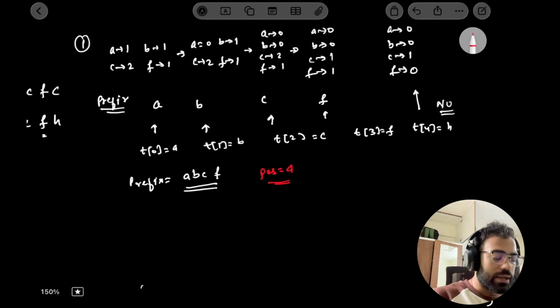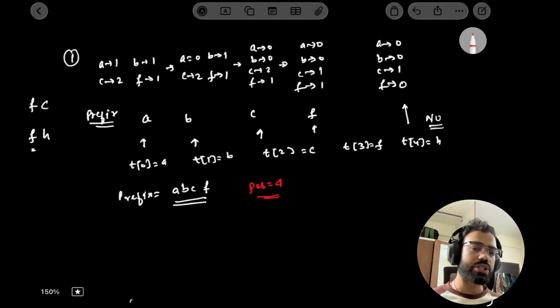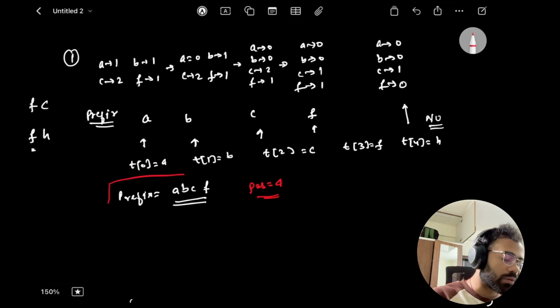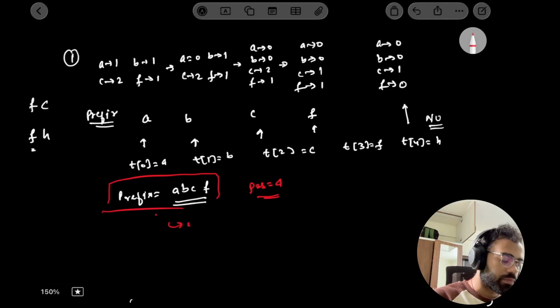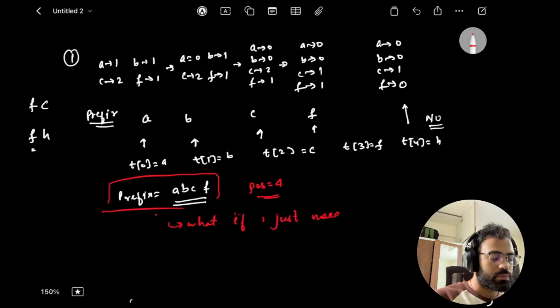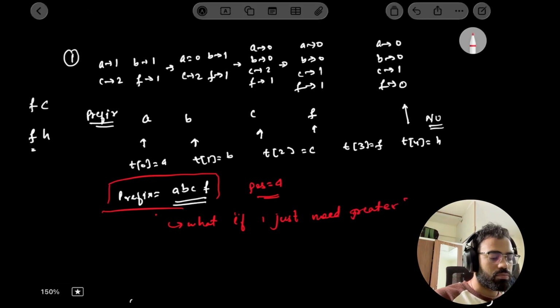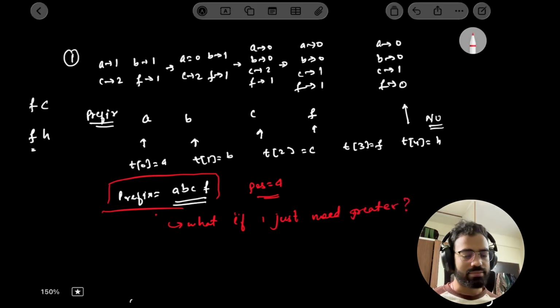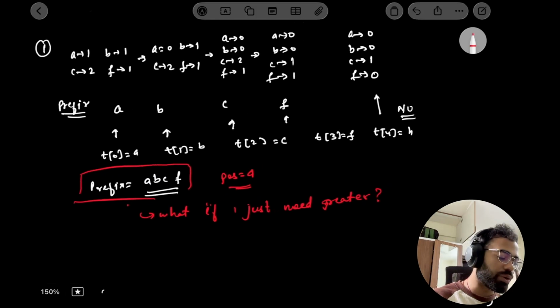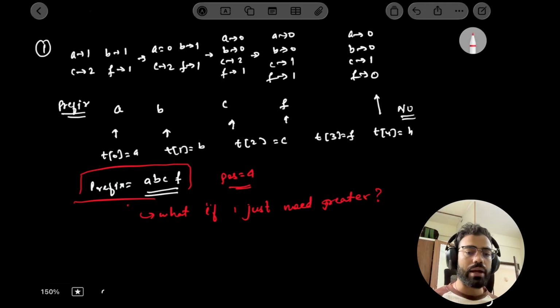Now, tell me one thing, if I need a string which is just greater, the first greater, out of this prefix, what do I have to do? Think greedily. That means with every match from right to left, we try to replace it with any character which is just greater than it.